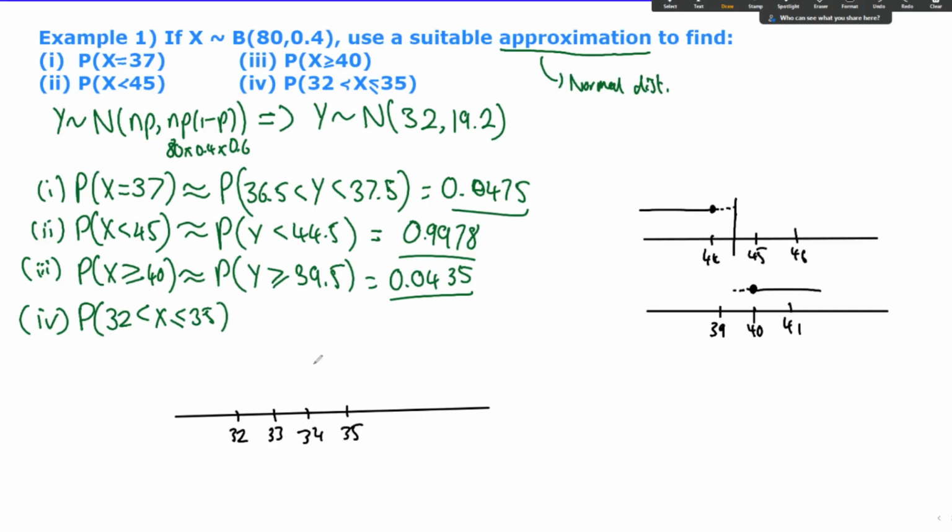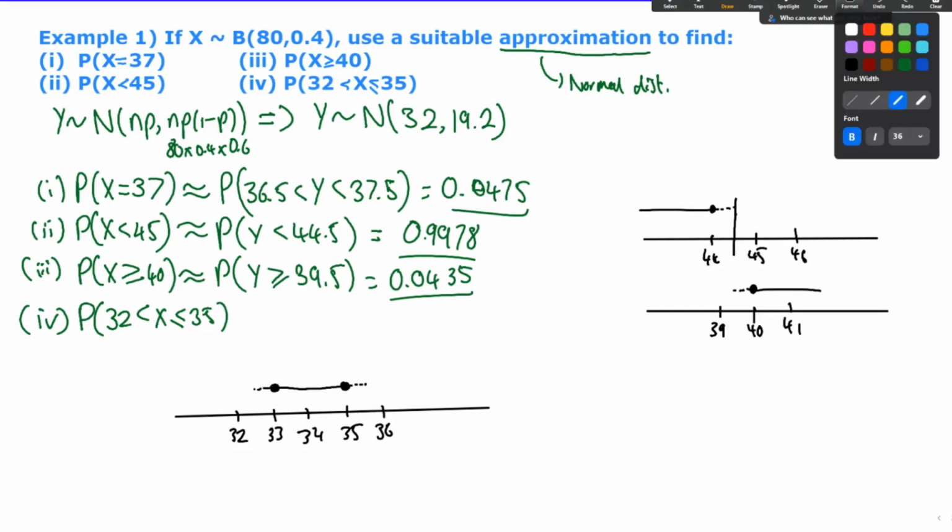So what we want to do is, with the binomial, we will do greater than 32, or we can say greater than or equal to 33 to 35, like that, right? So what we can do is, actually, let's include that. So for our continuity correction, we need to do up to 35.5 and down to 32.5.